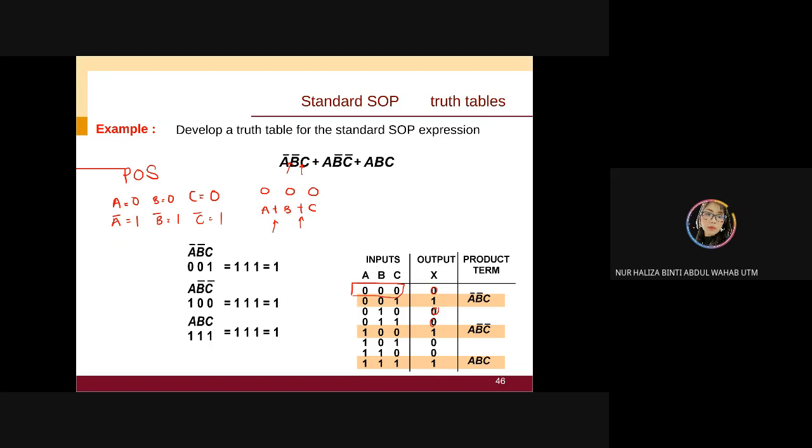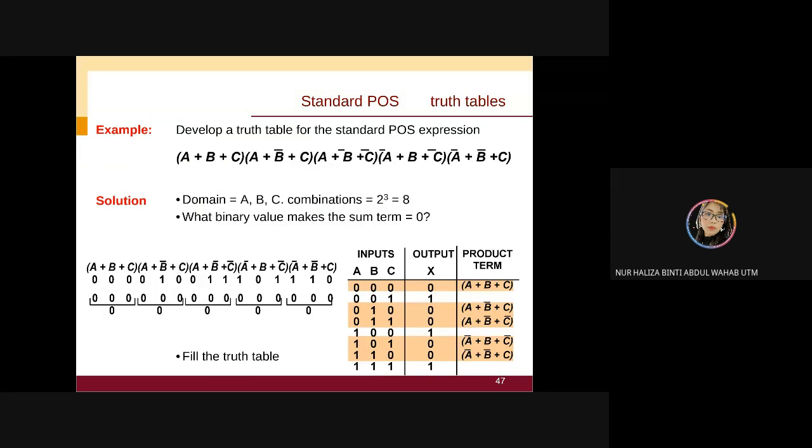And next you have 0, 1, 0. You check here 0 for your A, 1 for your B bar, and 0 for your C. And the rest you can see at the next slide.